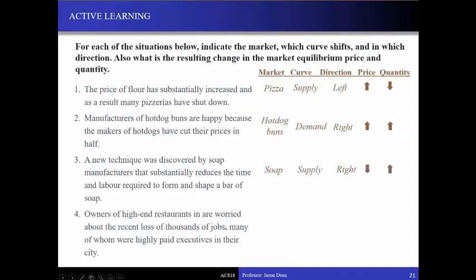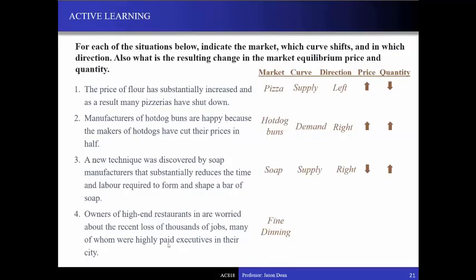Okay, now the last one, let me know what you think of this one. Here we're talking about the market for fine dining. Are we talking about the demand curve here or the supply curve? Demand. Everyone agree? Because it's income. Your customers are highly paid executives, and maybe you can think of the financial crisis we had in 2008, 2009.